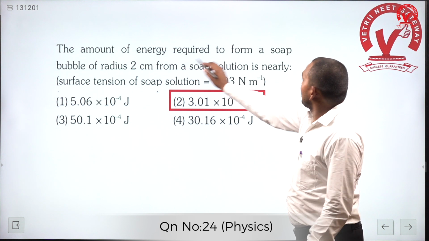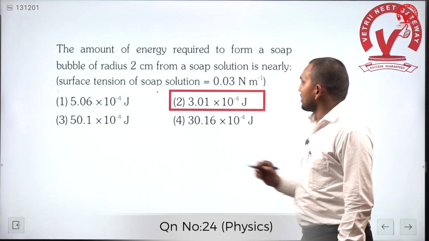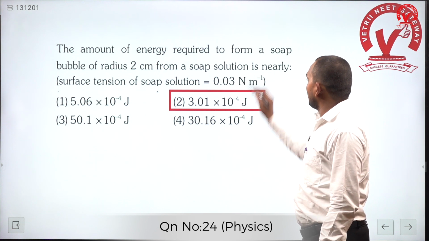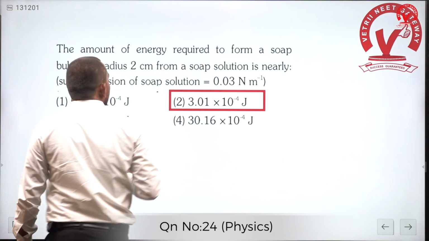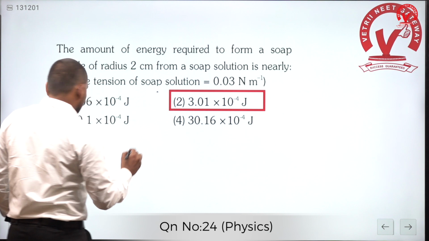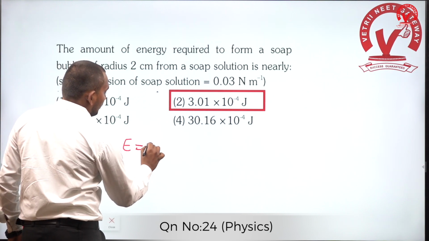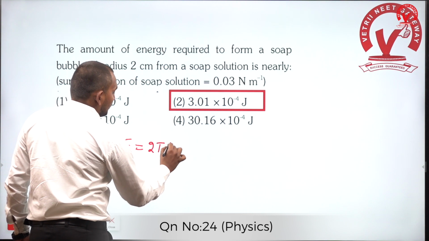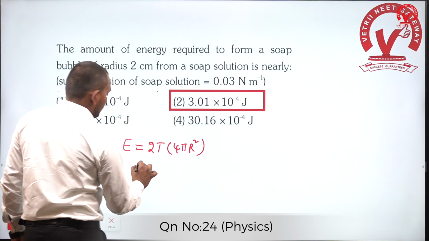The amount of energy required to form a soap bubble of radius 2 centimeters from the soap solution is nearly, surface tension is given, and they are asking to find out the energy required. We know the formula. E is equal to 2 into T into 4 pi r square.